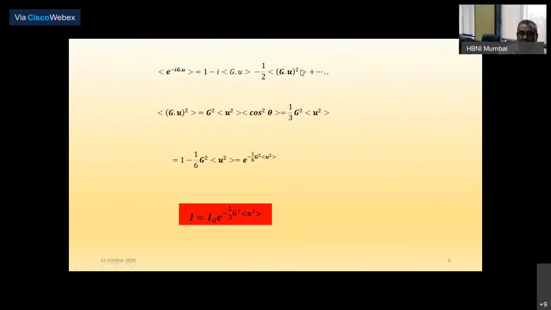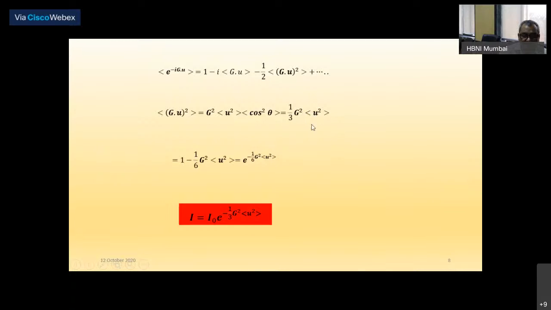Then the second term, the G dot u square term, is G square, and G dot u is G u cos theta. Now, we can do an averaging on u square, which is the amplitude, and also on the angle. On a sphere, if you average out cos square theta, it is cos square theta sin theta d theta d phi, integrated 0 to 2 pi on phi, and minus pi to pi on theta, and 0 to u.